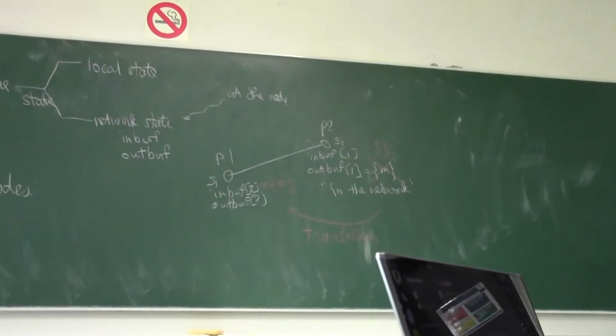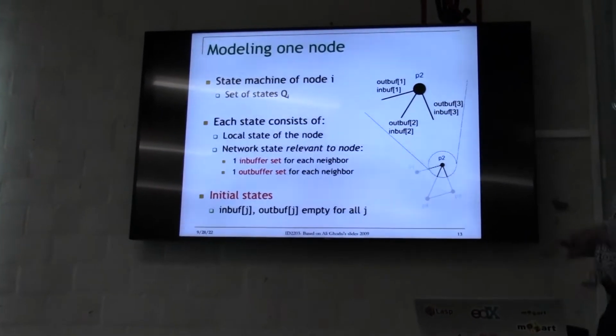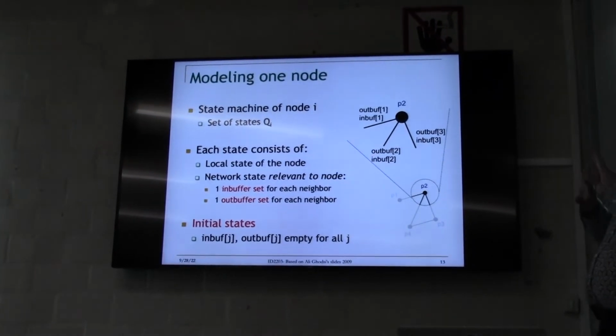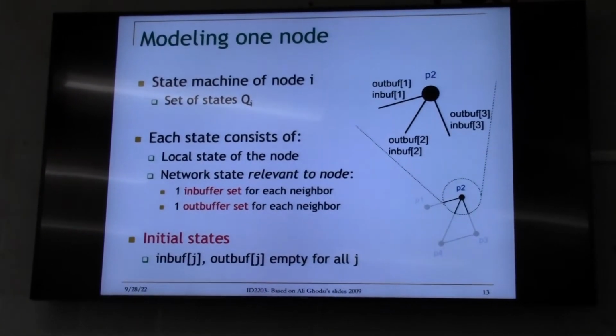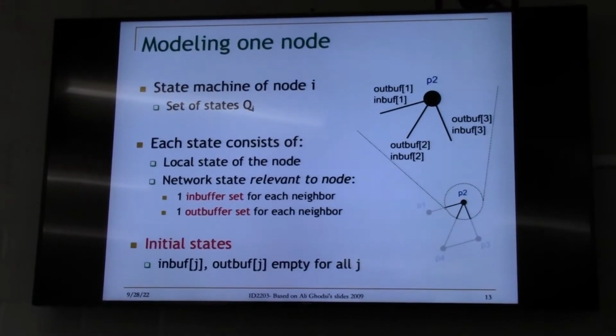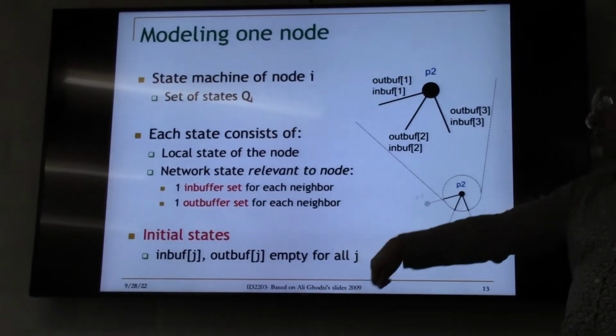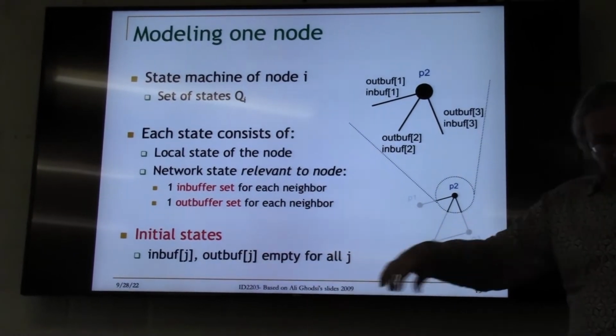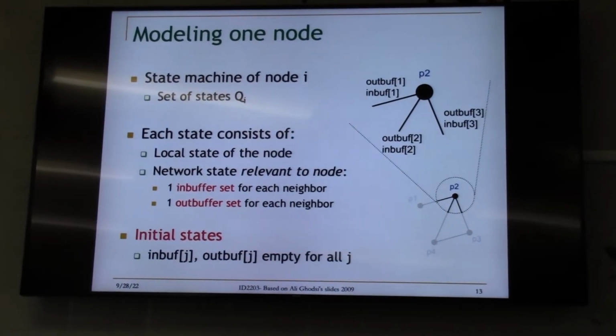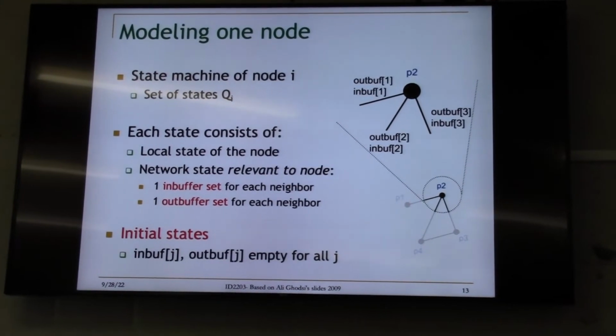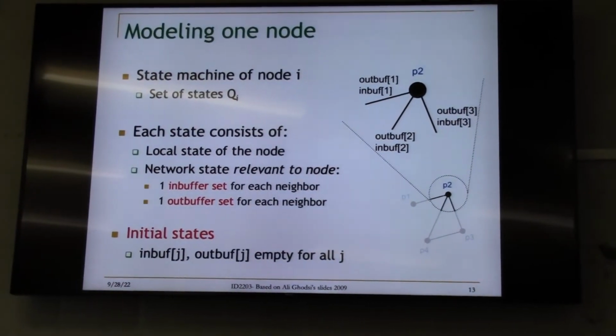Much simpler than TCP or something like that, or IP. There's no packets. There's no sequencing or anything, sequence number, anything like that. It's just, you put a message in the out buff, and later, some later time, the message magically appears in the in buff of the other guy.